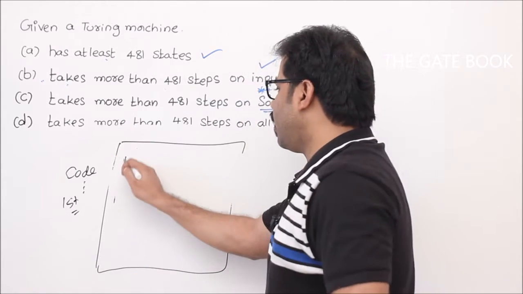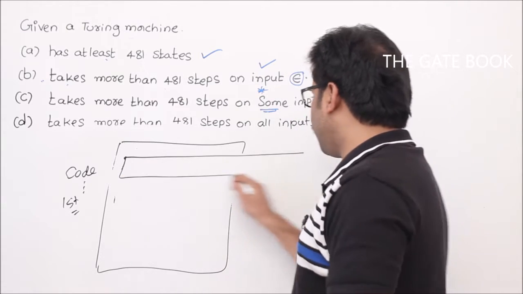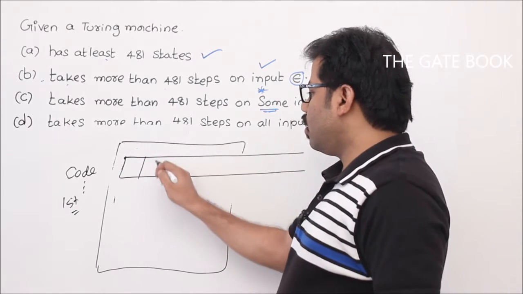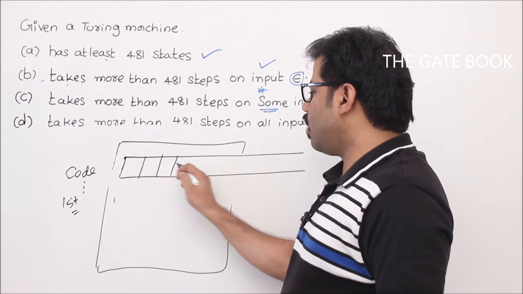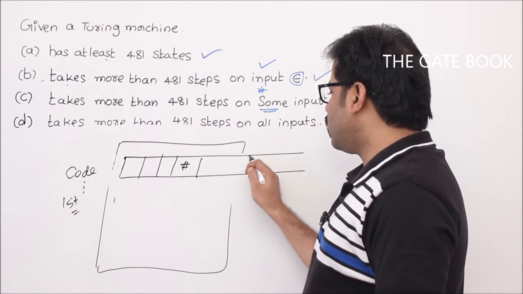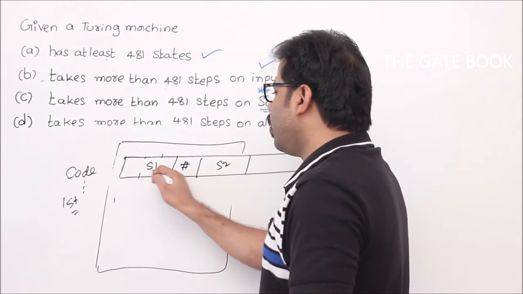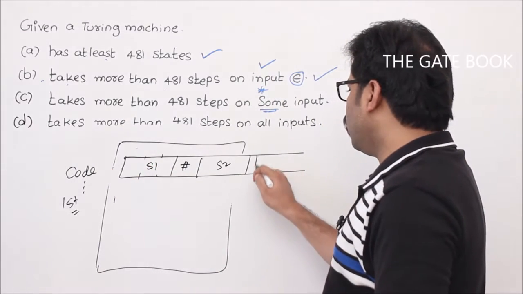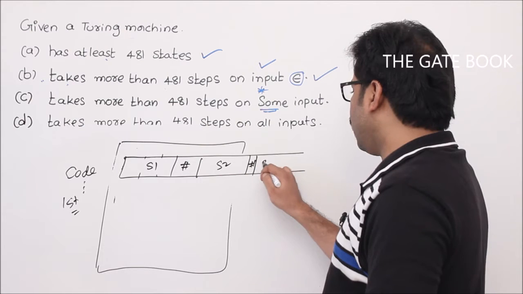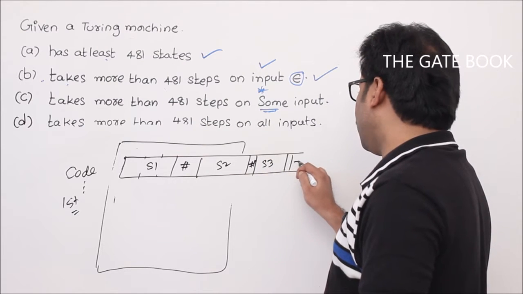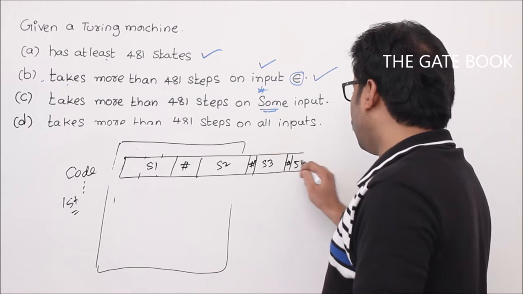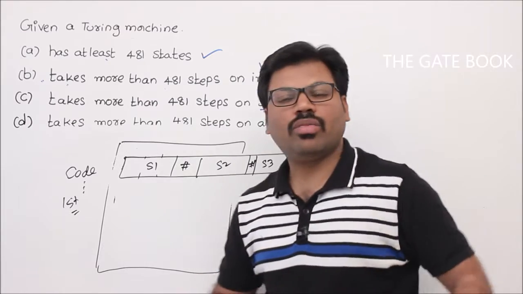This is your infinite tape, right? The first step is to generate strings like this. This is string number 1. After that, string number 2 here. So automatically your code is generating string 2, then string 3, then string 4, in that way. Okay, now once it is generated, how much time will it take?